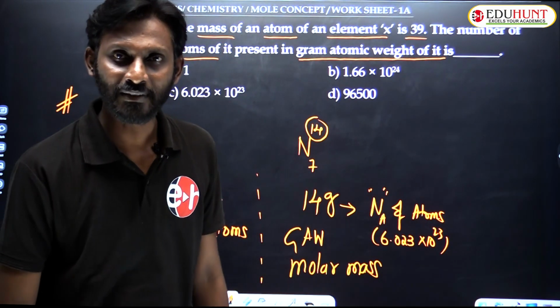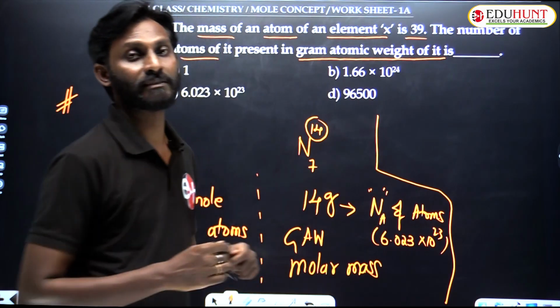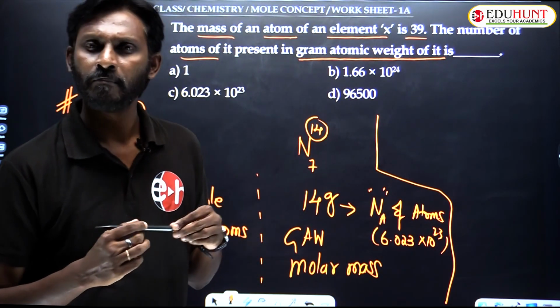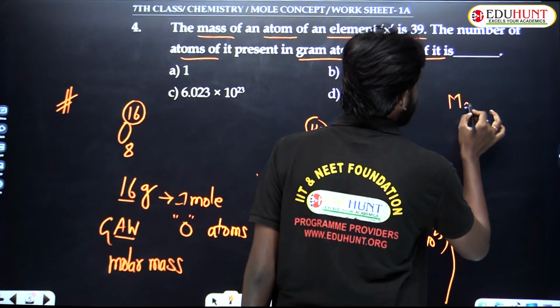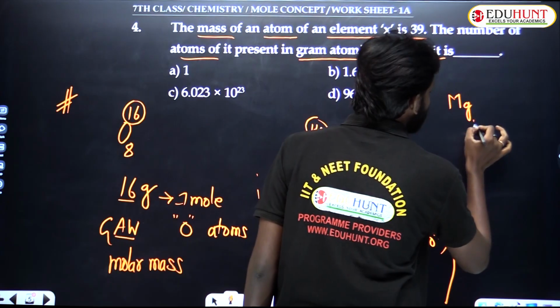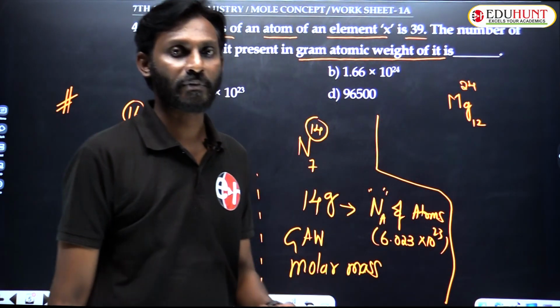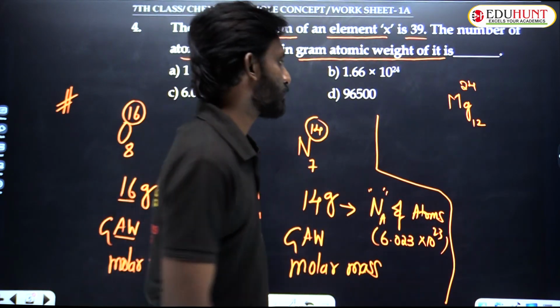You need one more example? Yeah, fine. Oxygen, nitrogen, carbon, magnesium. Okay, fine. Magnesium, atomic number is 12, mass number 24. By looking at the mass number, you can do two things.